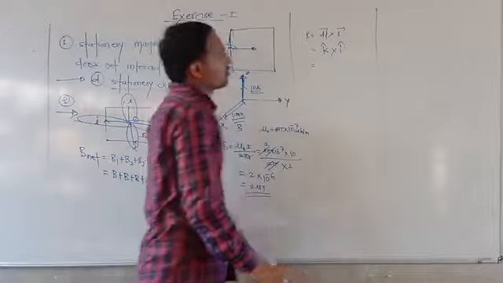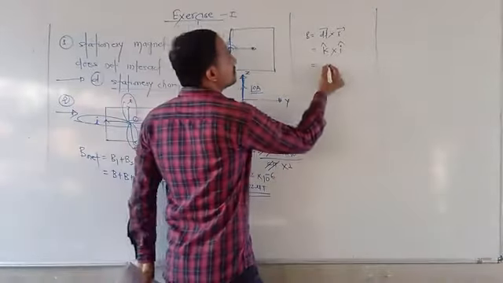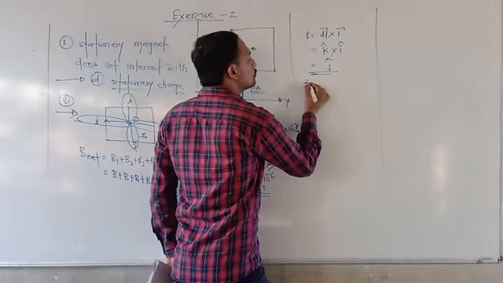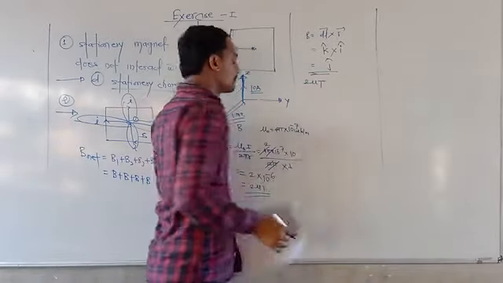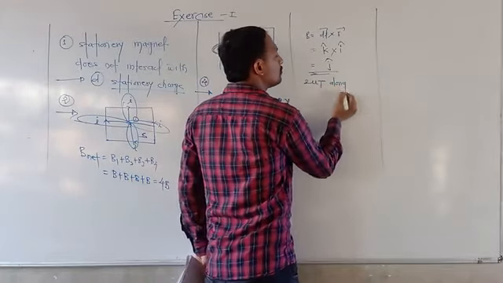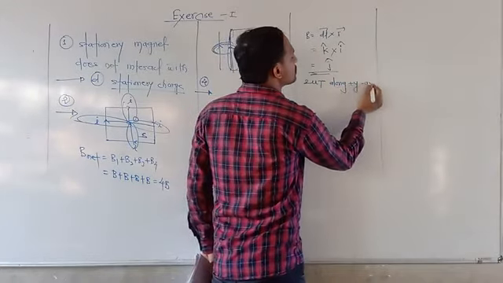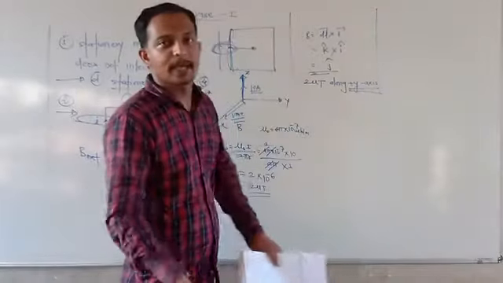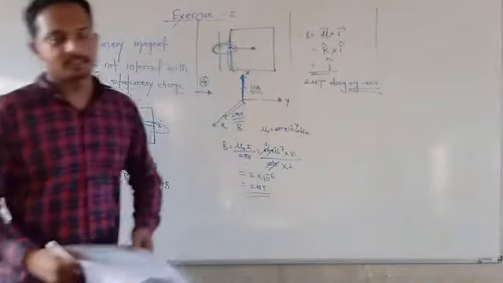So k cap cross i cap is j cap. Hence 2 micro Tesla along the positive y-axis. Why positive y-axis? Because j cap represents the positive y-axis.